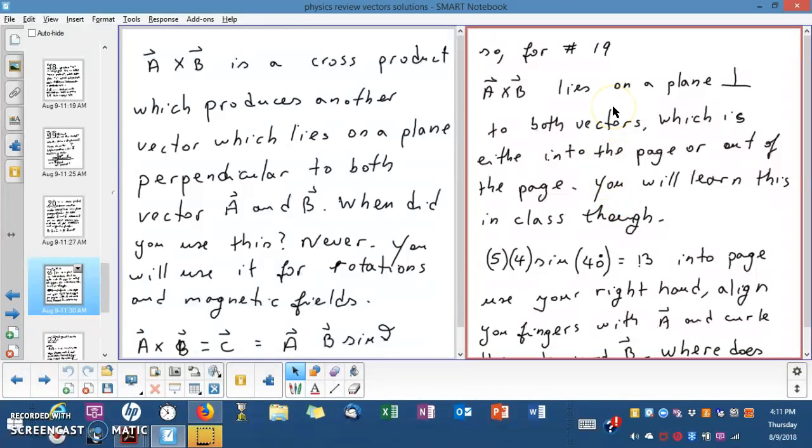Now your question would be, according to those pictures, if you're doing A cross B, which one is the direction?